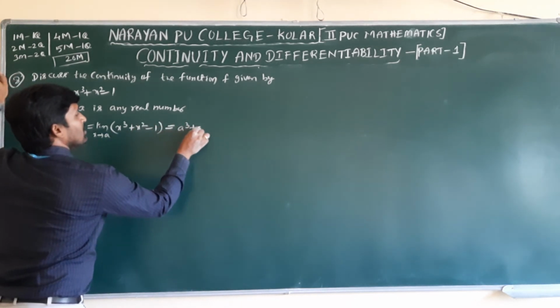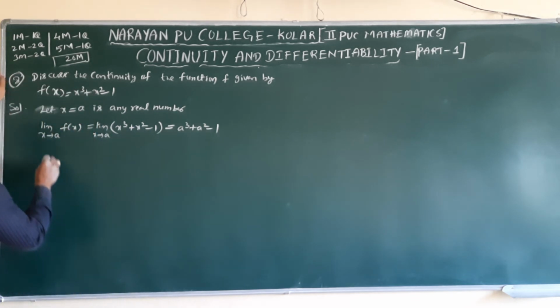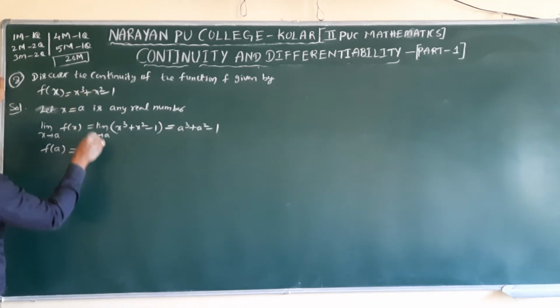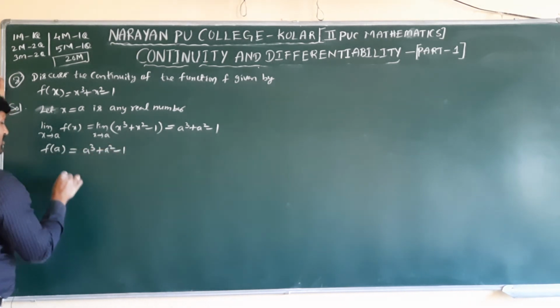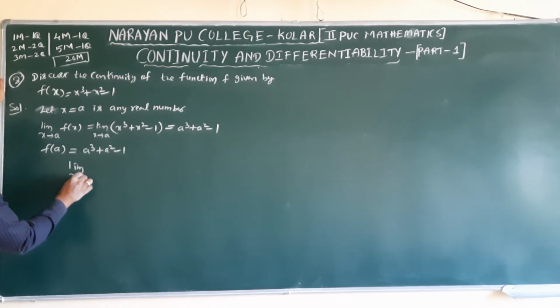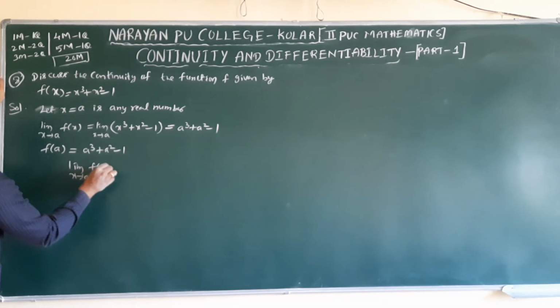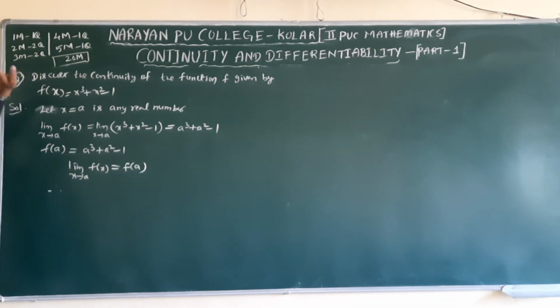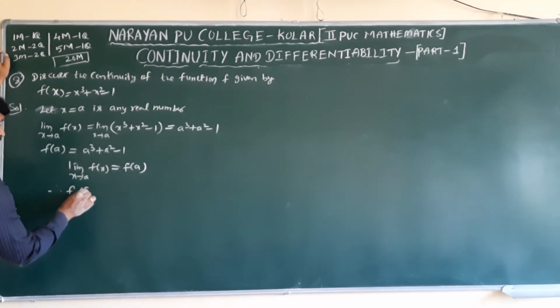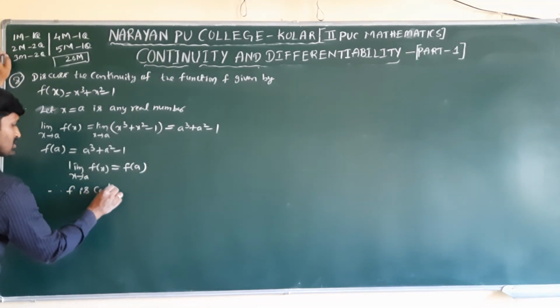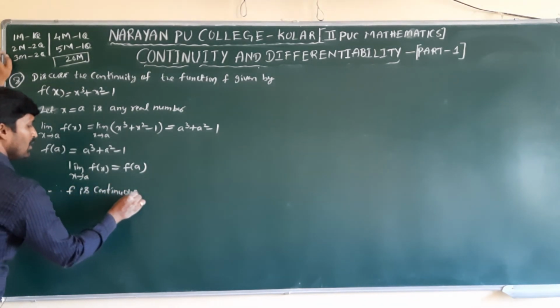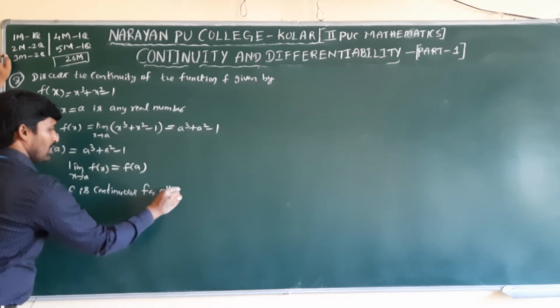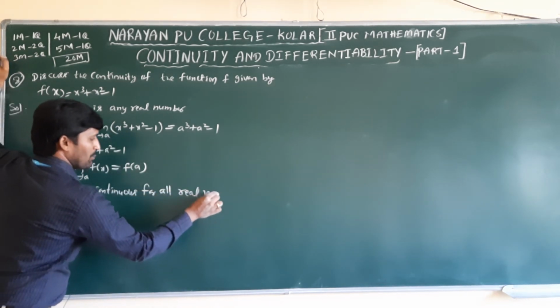A cube plus a square minus 1. Function value f of a, that also, substituting directly, is a cube plus a square minus 1. That's why limit of the function equals the functional value, where a is a real number. Therefore f is continuous for all real numbers.